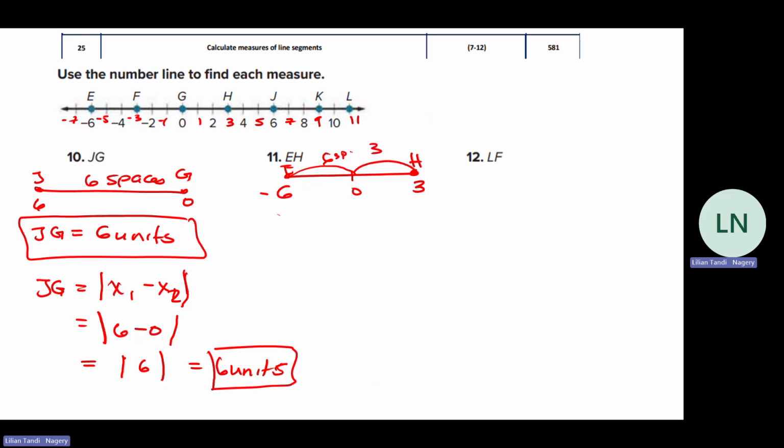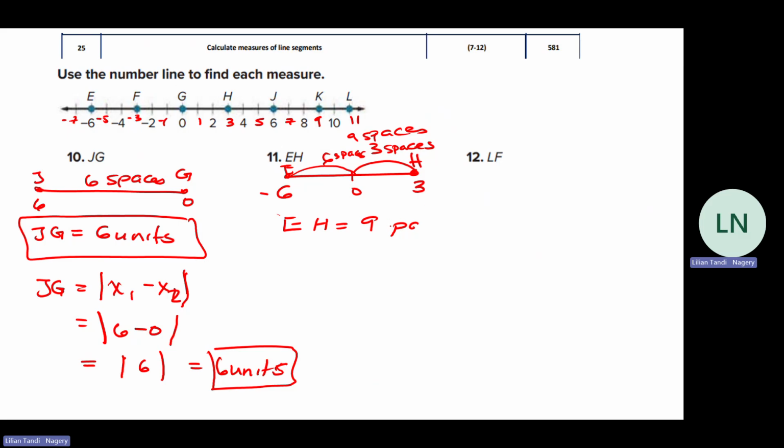So 6 spaces plus 3 spaces is 9 spaces. So E to H is 9 units.